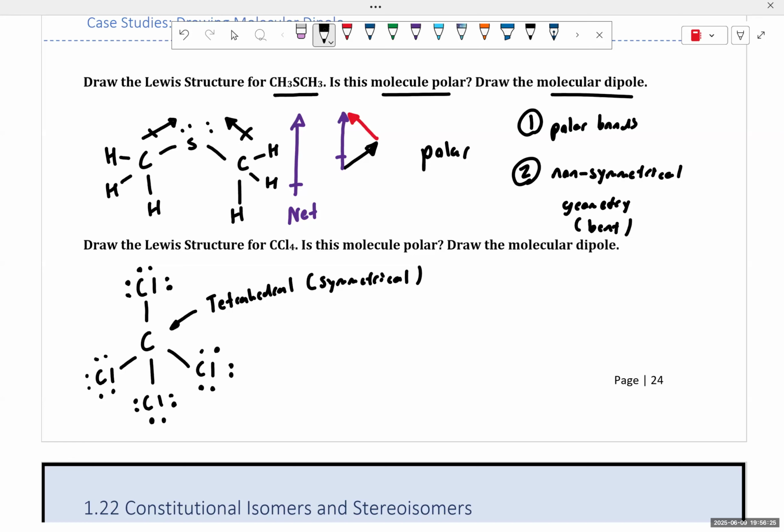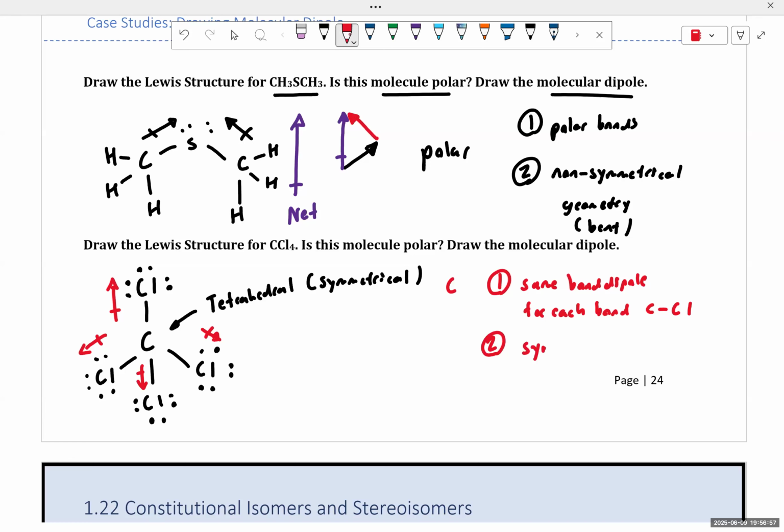As you can see, carbon is bonded to the same atom, so we have the same bond dipole for each bond. We have just the same carbon-chlorine bond four times, and we have a symmetrical geometry.